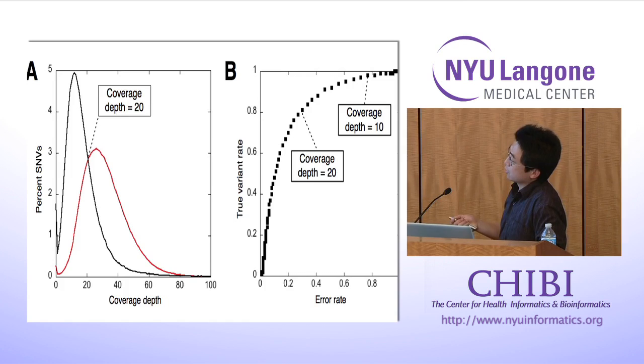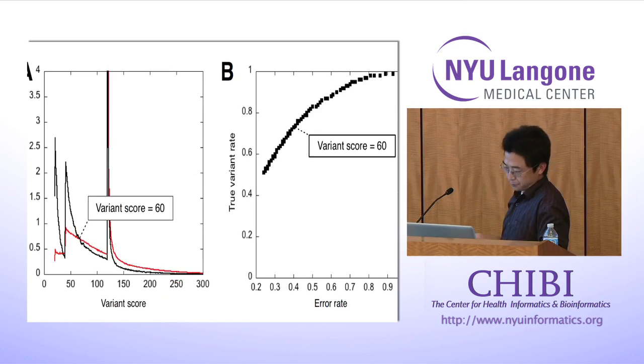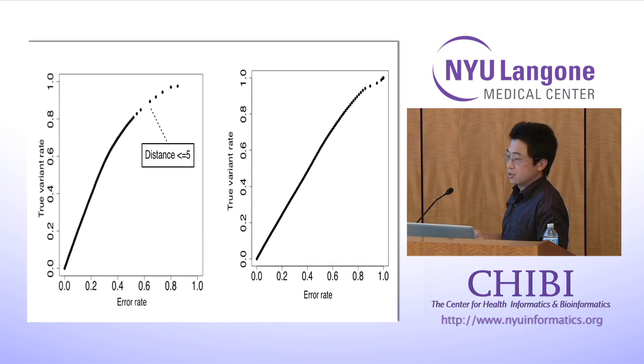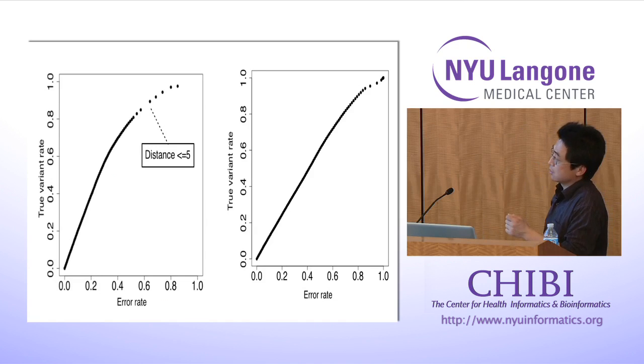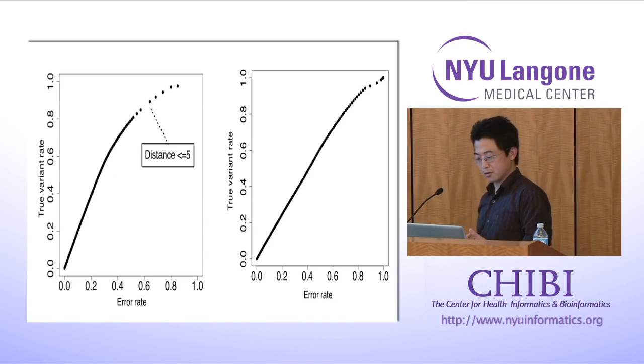And also you can check the error rate at different depths compared to the true variant rate. And this is for the variant score. This is for the distance to the indels. So basically, you don't want to see an SNV occurring closer to an indel, within 5 base pairs.